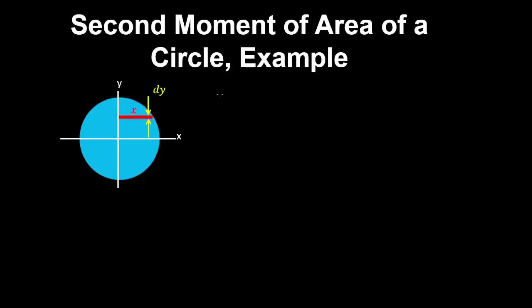Let's find the second moment of area of this circle about the horizontal axis. So the definition is the integral over the area of the section, and we're integrating y squared. And here we can see that dA, being the differential area, is equal to x by dy. And to obtain an expression for x, we're going to use polar coordinates.